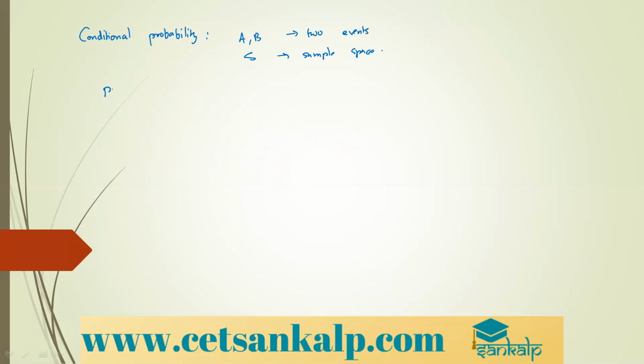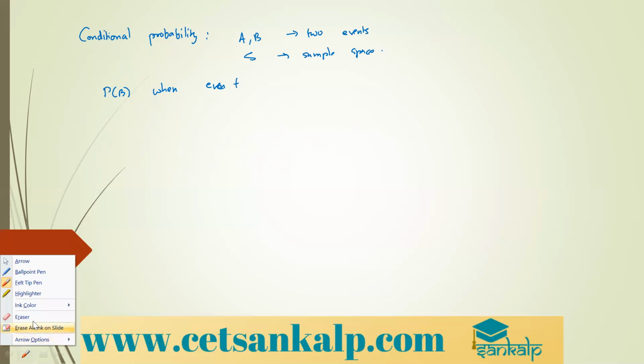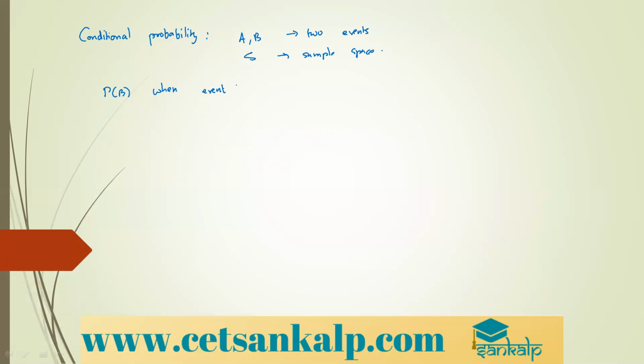Then probability of event B when event A has already occurred is conditional probability of B and is denoted by probability of B by A, like this.